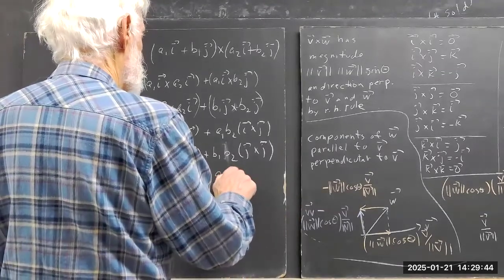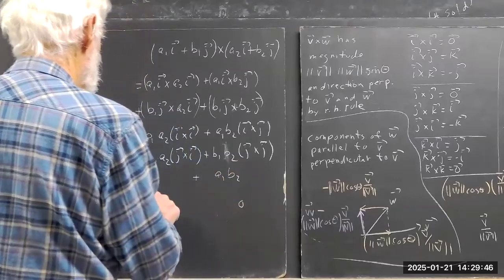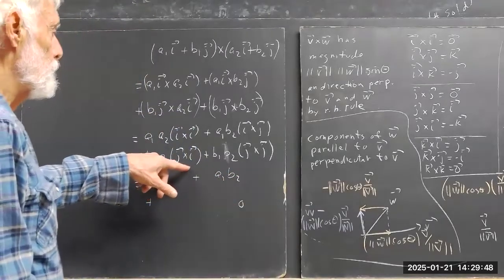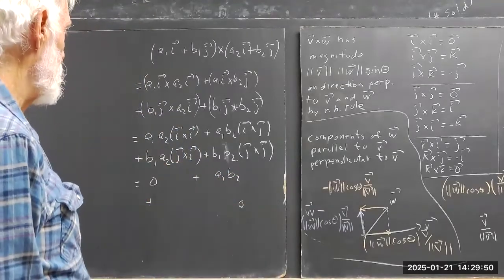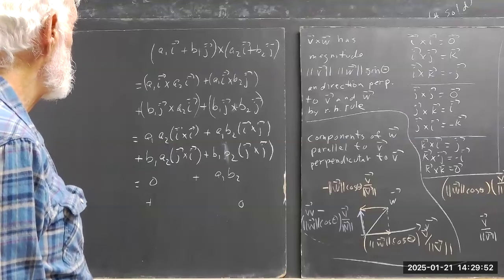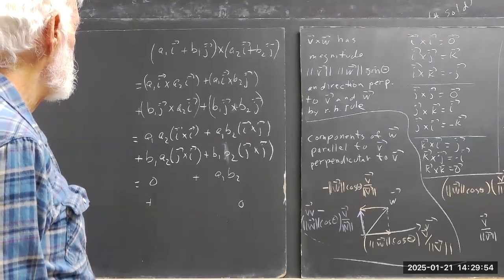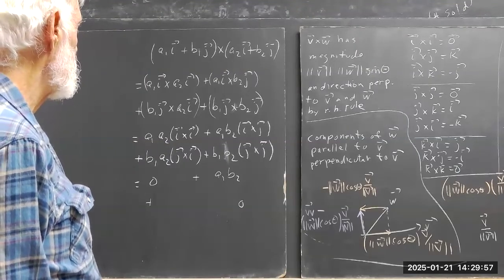So it's A1, B2, and J cross I. No, never mind, nothing wrong.